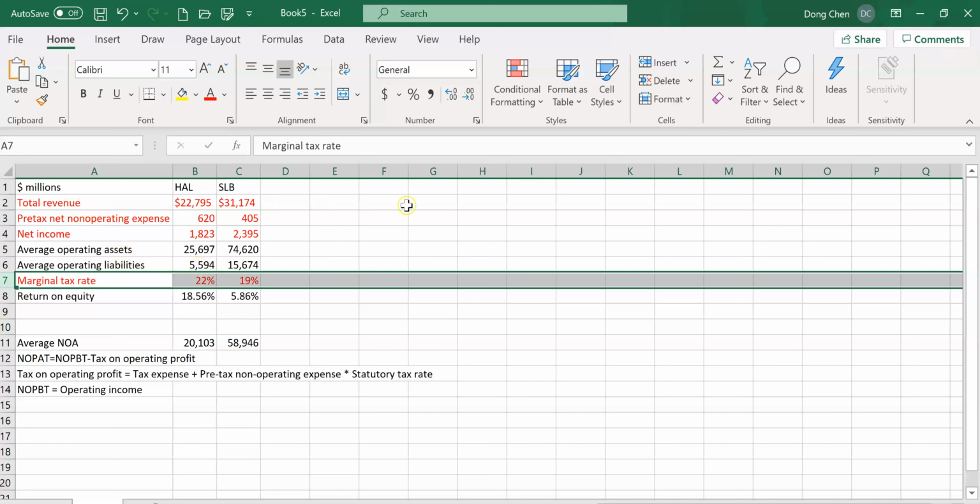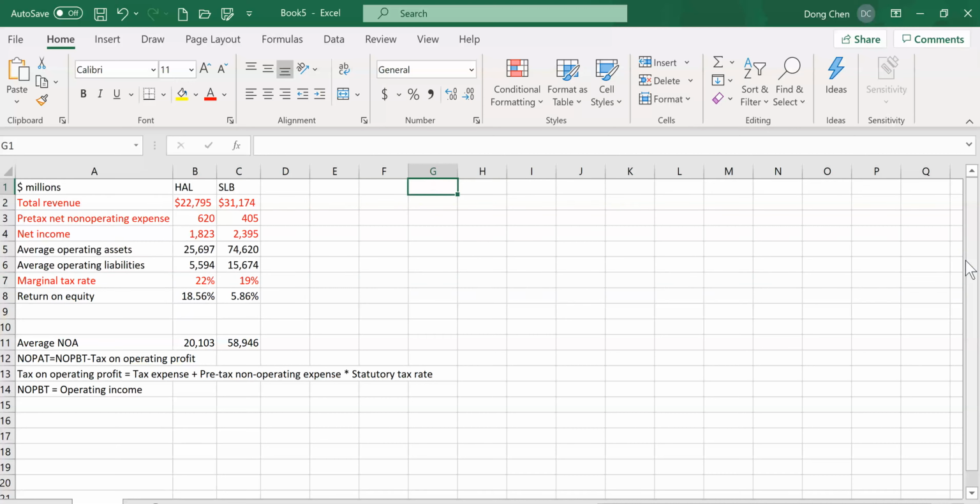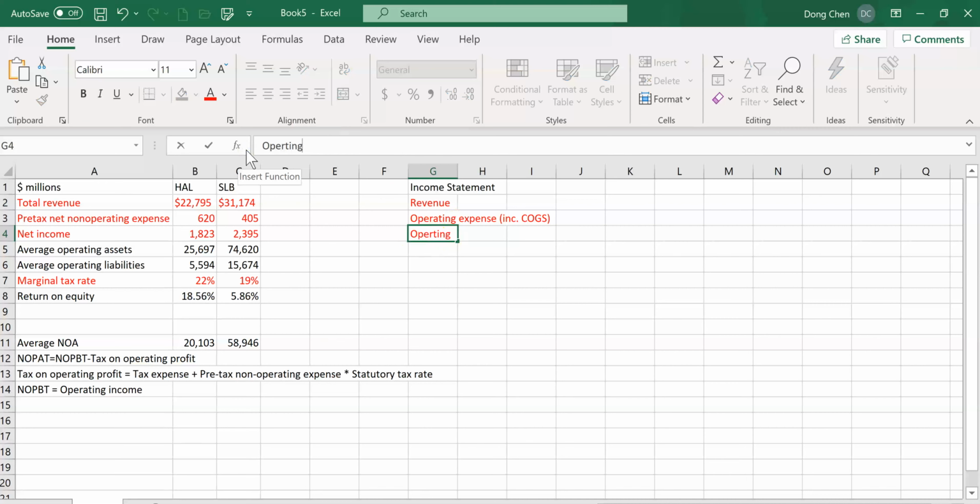So typically we have the revenue, right? The revenue is the first line of the income statement. So let me write this as income statement. So we start from revenue, and then we have the operating expense. So the difference between them becomes EBIT. When I say operating expense, this actually also includes the cost of goods sold, right? So that's why this difference becomes EBIT. And in this course, we mainly write EBIT as operating income.